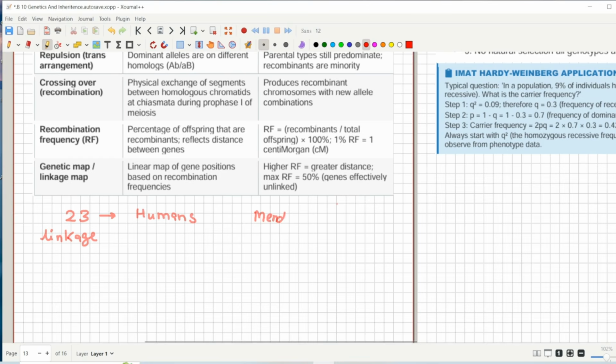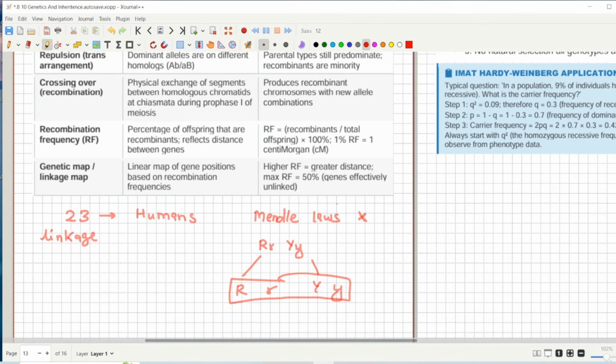Mendel's law does not follow. Why is that? Well, for Mendel's law to follow, if you have two chromosomes RR and YY, then they have to separate out and form gametes like this. But if they don't separate out and they combine together with each other, then obviously Mendel's law would not be able to follow at this point.